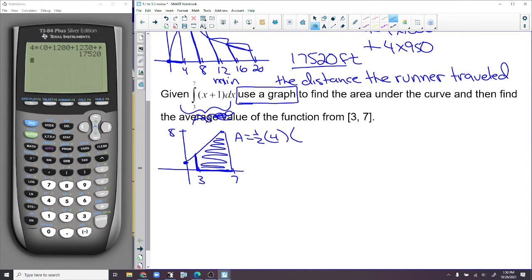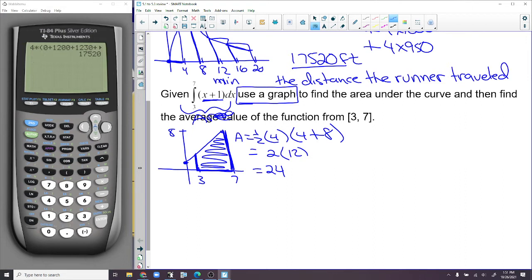Base 1 is what we get when we plug 3 in. That's 4. And base 2 is what we get when we plug 7 in, and that is 8. Half of 4 is 2. 8 plus 4 is 12. So I'm looking at an area of 24.